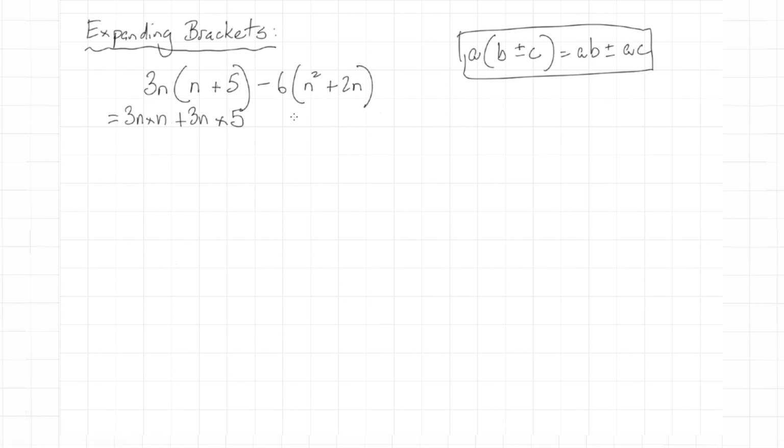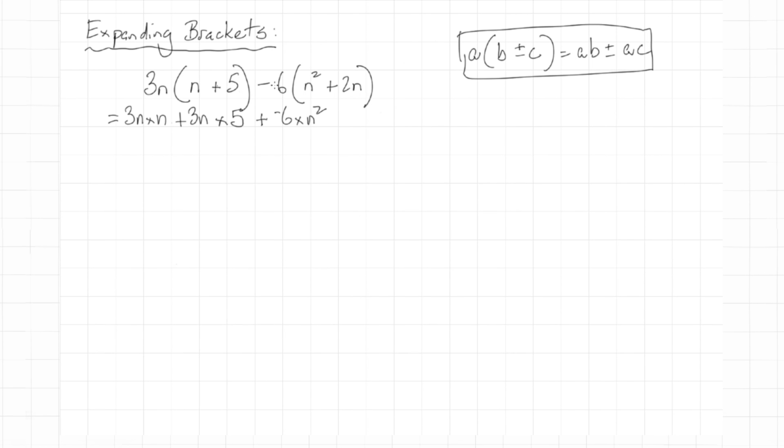Now what do we do with the second one? There are a couple of ways you can go about it, but it's as though we're going to multiply not by 6, but we're going to multiply by -6. So we can now say plus -6 times n squared. If you like, minus is like a plus of a negative.